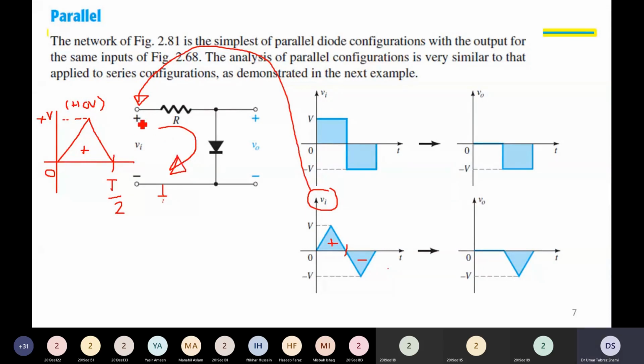यहाँ पे ये पॉजिटिव है, यहाँ पे ये नेगेटिव है. This makes our diode forward biased.